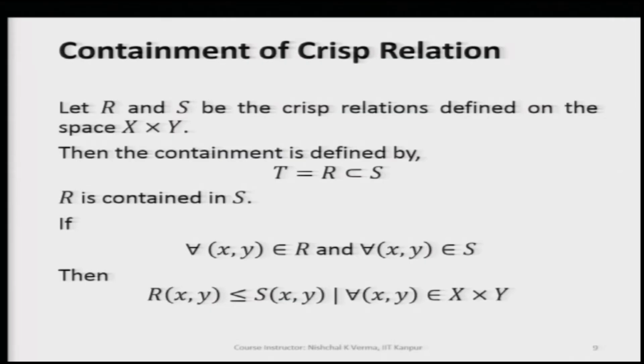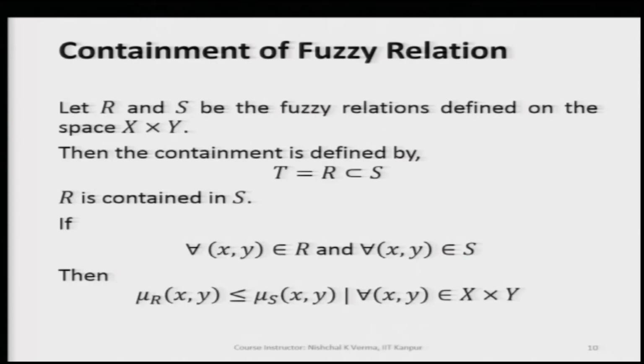Let us now move to the containment of fuzzy relation. As I just mentioned initially, if we have R and S as fuzzy relation sets, how do we represent the containment?